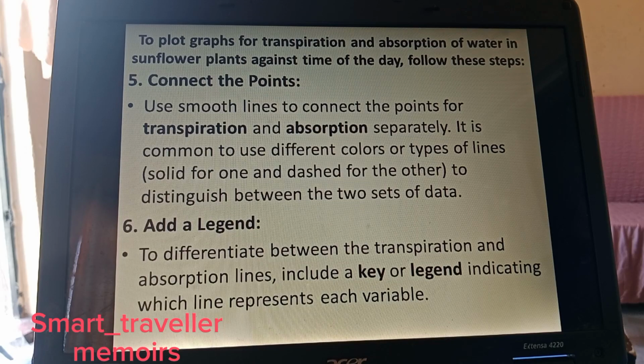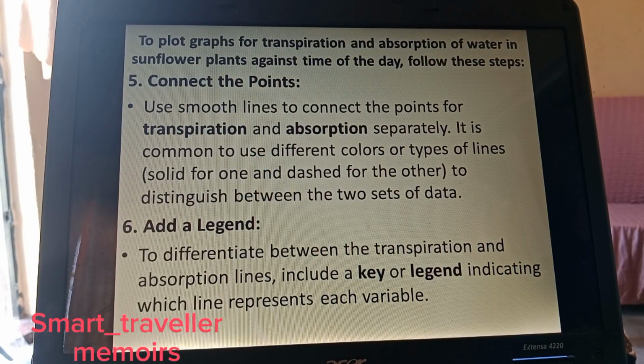5. Connect the points. Use smooth lines to connect the points for transpiration and absorption separately. It is common to use different colors or types of lines, solid for one and dashed for the other, to distinguish between the two sets of data.